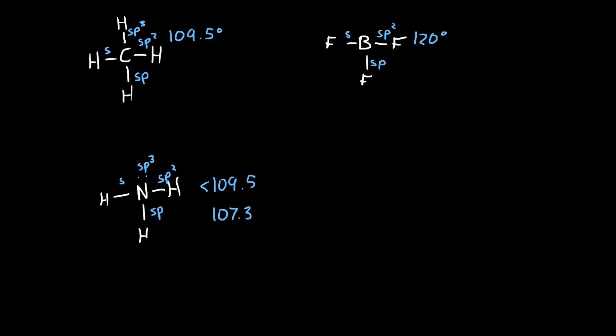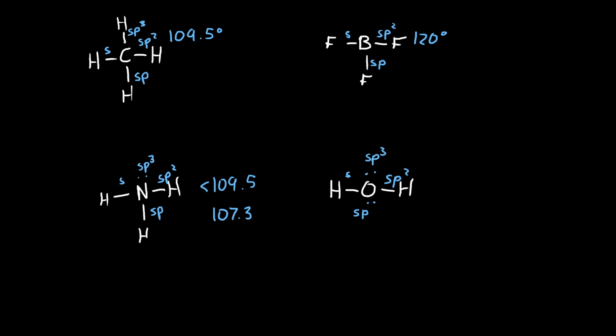For the next one, we have water, H2O. So oxygen is connected to 2 hydrogens, and it has 2 lone pairs. So let's count the groups: s, sp, sp2, and sp3.